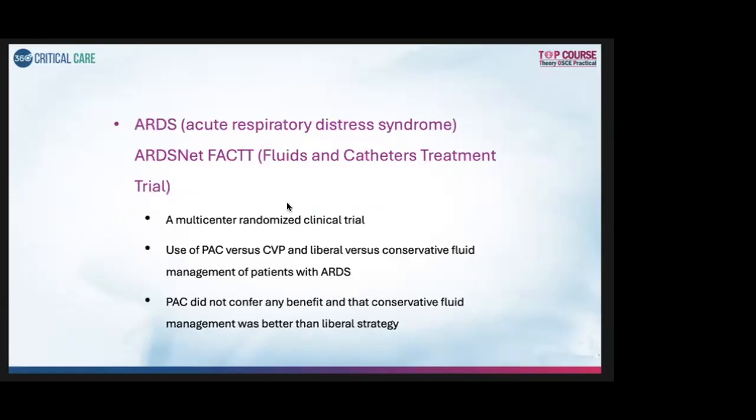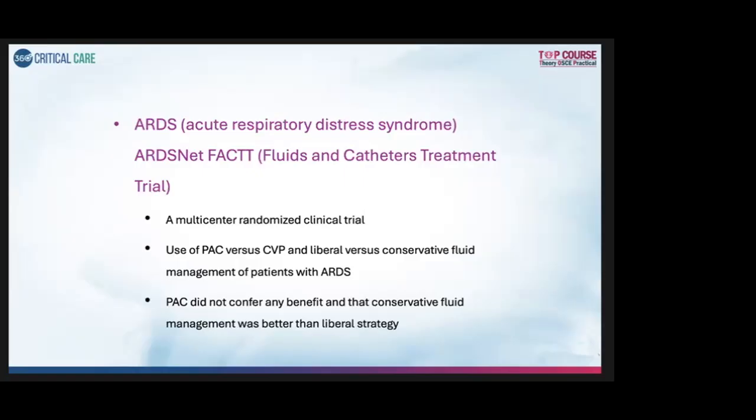Coming on to ARDS, in the ARDS FACTT trial, where they used pulmonary artery catheter versus central venous pressure and liberal versus conservative fluid management in patients with ARDS, the pulmonary artery catheter did not confer any benefit when it came to fluid management in ARDS.